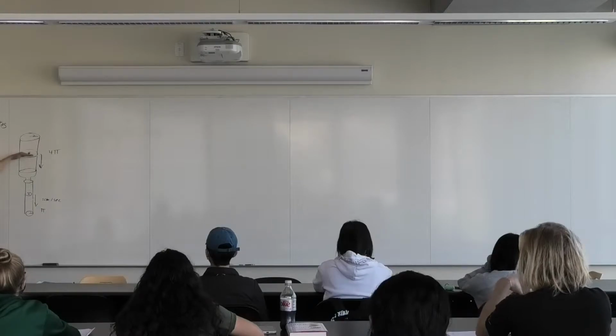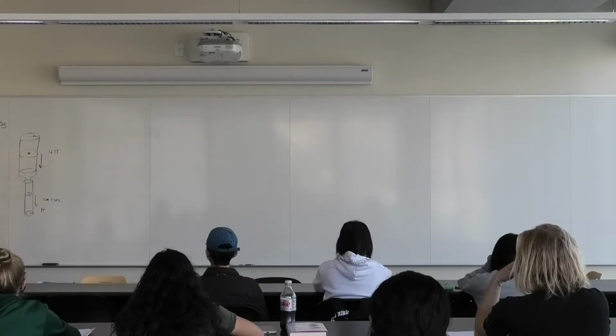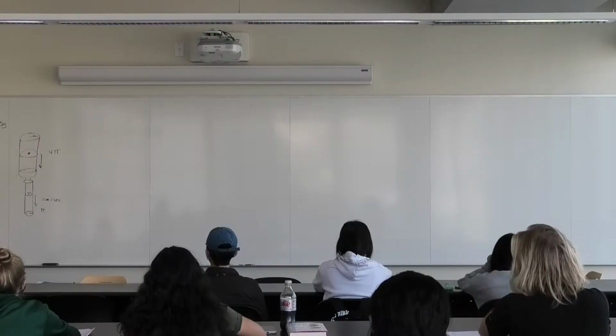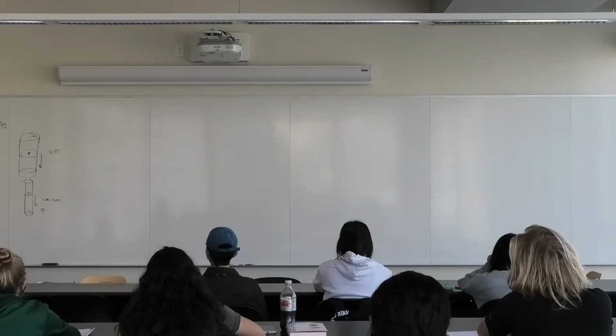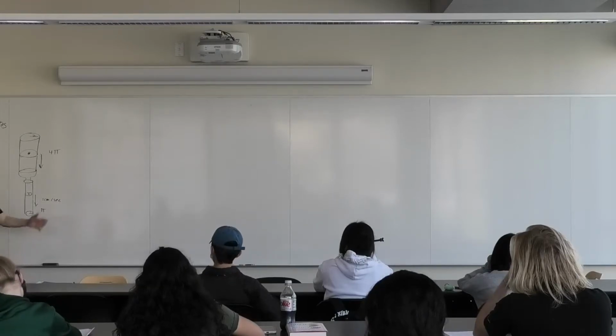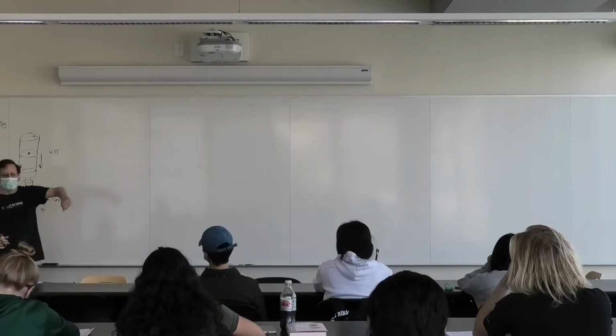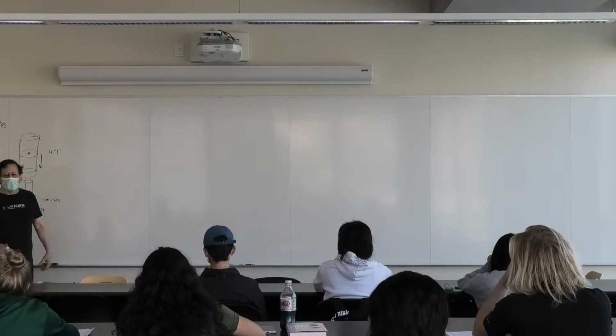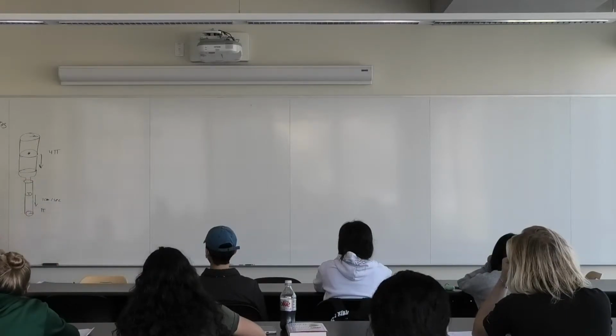So, we want to venture a guess how fast this is going to go down. This might explain why when you fill up your bathtub and you open the drain, it doesn't just go whoosh. Right? It's got to go through that pipe. Think about that for a minute.